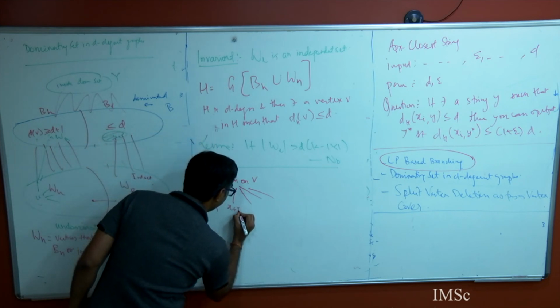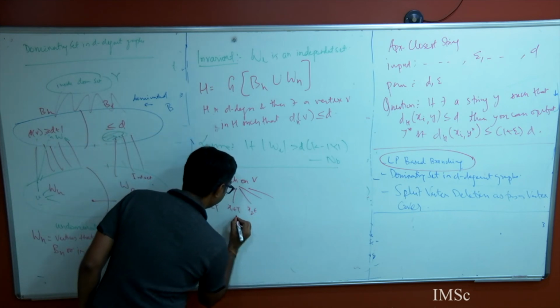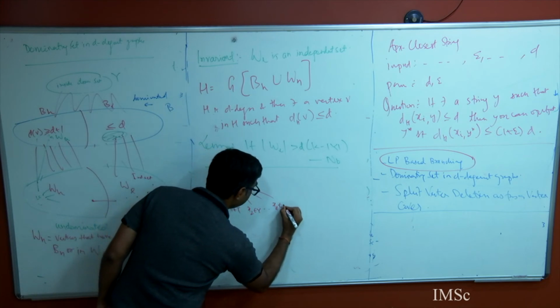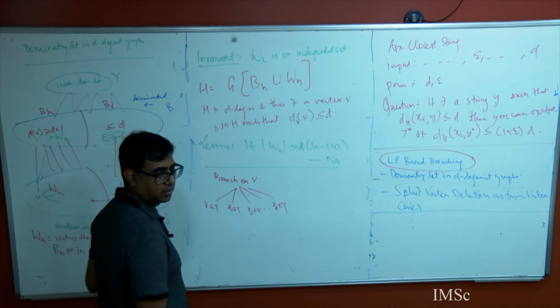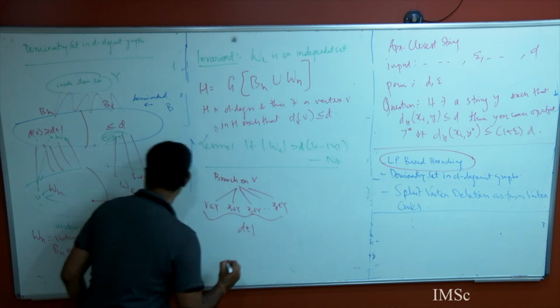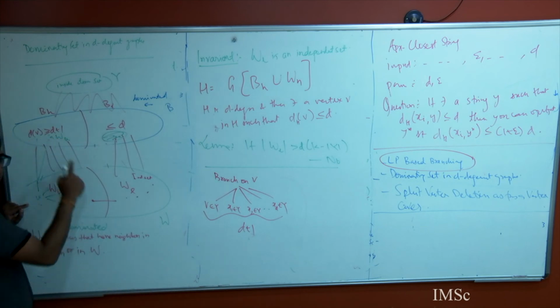Either x1 is in Y, x2 is in Y, xd is in Y, right? So this is D plus 1 branches. Either I go into the solution or this.